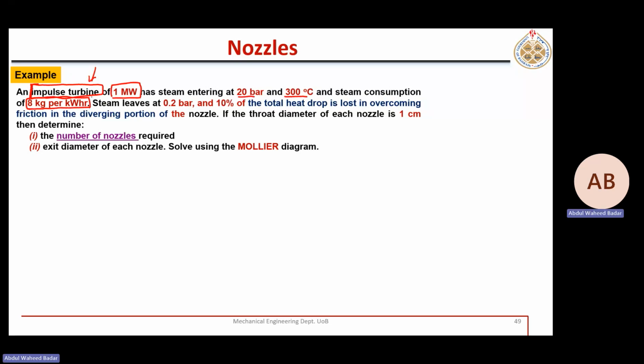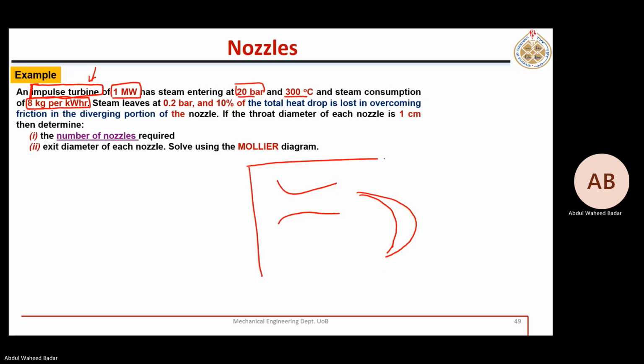So at the inlet of the turbine, there is a nozzle. Now here we have the nozzle, then we have that turbine like this. Here, this is our system. Fluid is entering here at T1, 300 degrees Celsius.